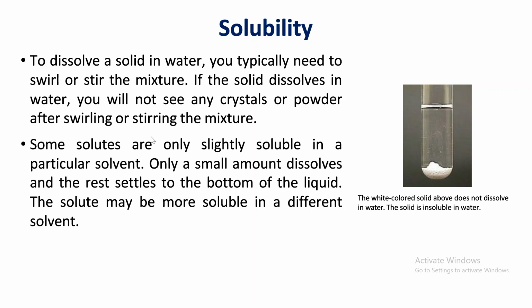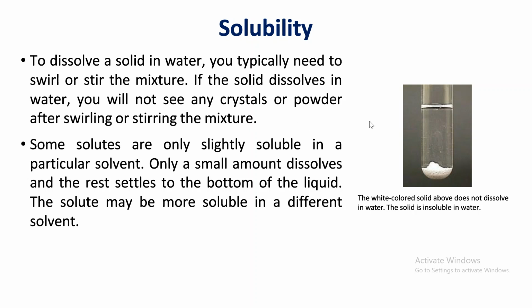Now, some solutes are only slightly soluble in a particular solvent. Only a small amount dissolves, and the rest settles to the bottom. You can see this. Let's say when you're drinking tea, if you add sugar initially, it will evenly mix.